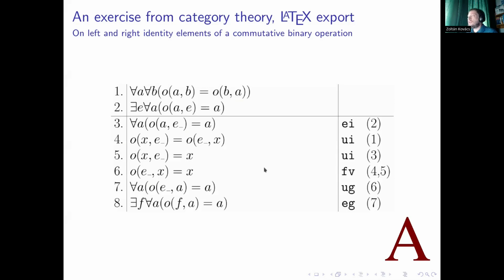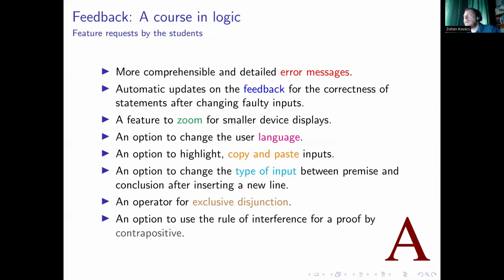So for each step there is a rule in GNU Aris, and finally you can learn that there is an F, an element of the main set that fulfills this identity also. So a right identity element is also a left identity element, and vice versa, but it's not shown here.